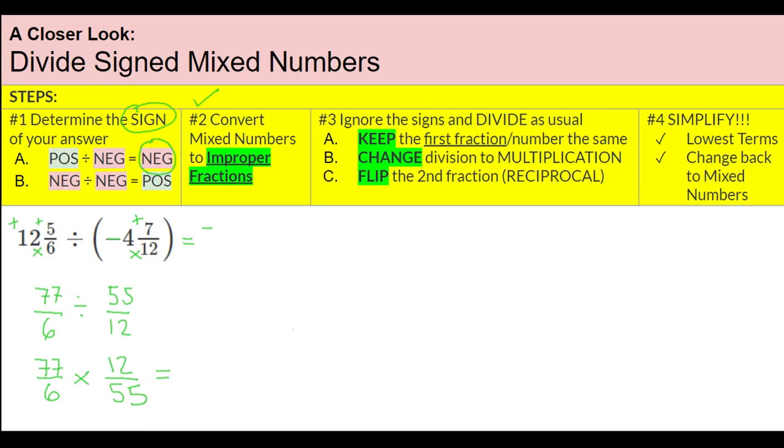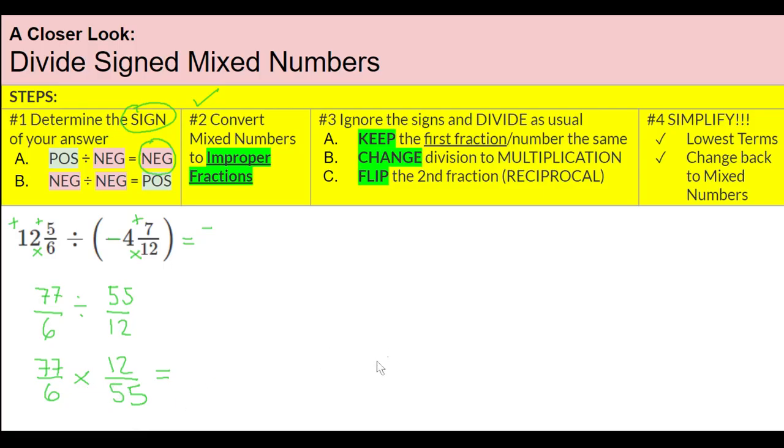Before we do that, imagine if we did 77 times 12. 77 times 12, that's a huge number. We're going to get 924. And then we got 6 times 55. That's going to be another big number. So imagine trying to deal with 924 and something.